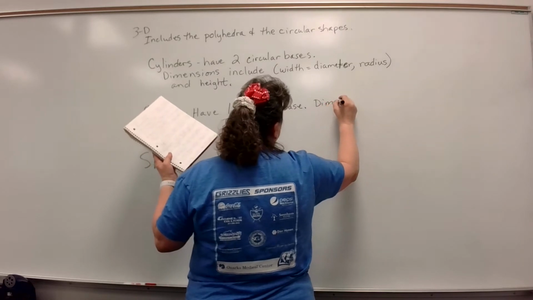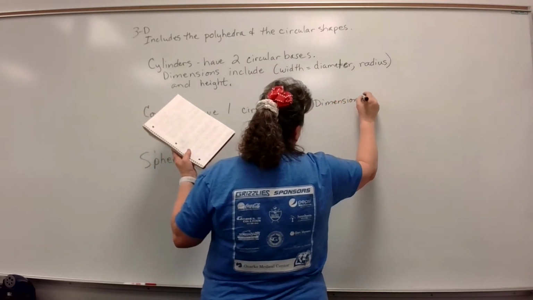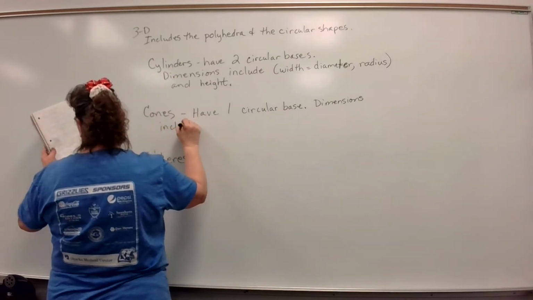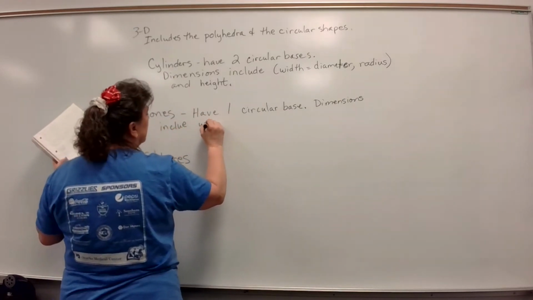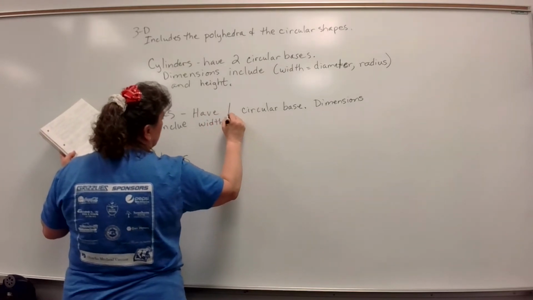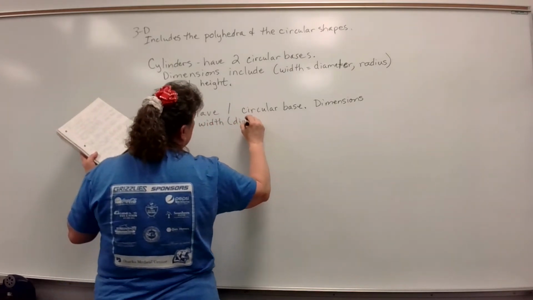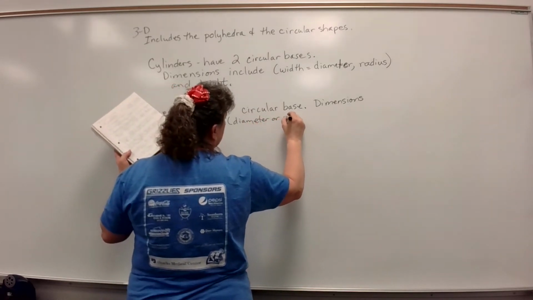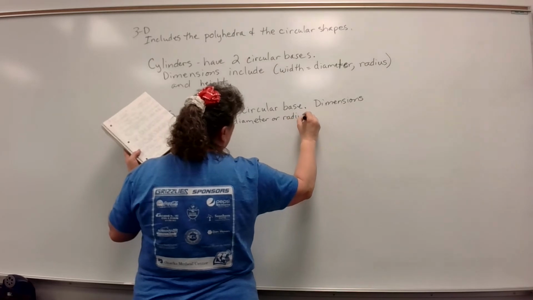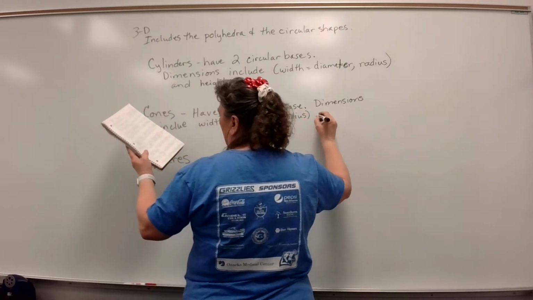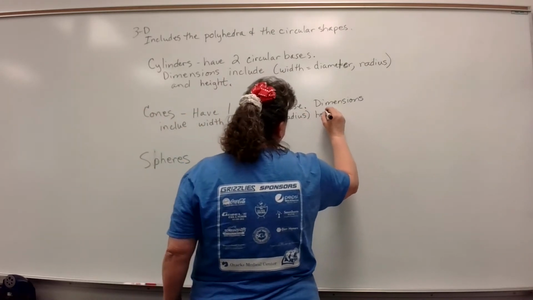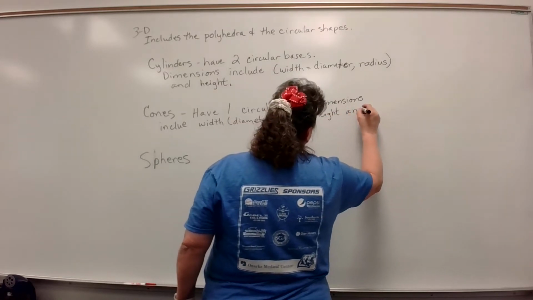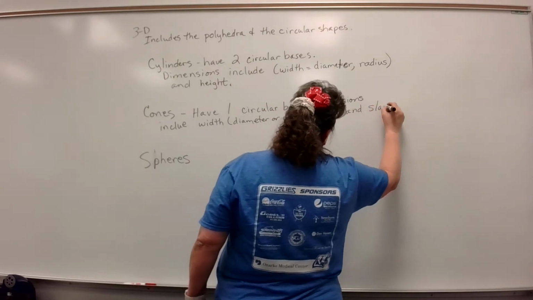Dimensions include width, which is your diameter or radius, height, and slant height.